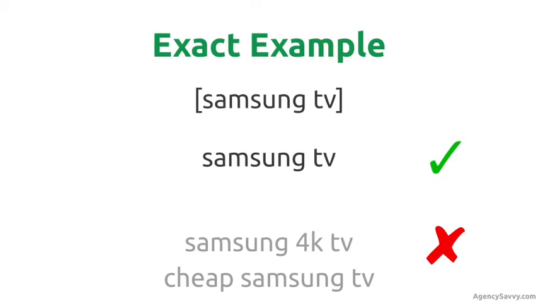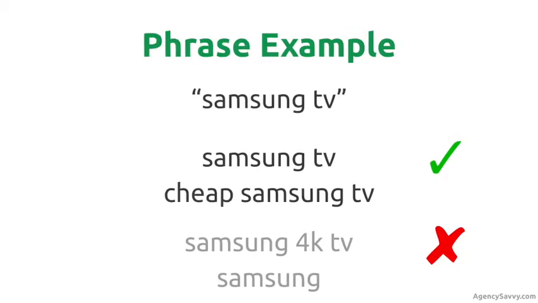If there are other words before or after Samsung TV, then it's not going to be a match. So Samsung 4K TV, with a new word in the middle there, isn't going to be a match. Cheap Samsung TV isn't going to be a match. Only the exact search query is an exact match to that keyword.